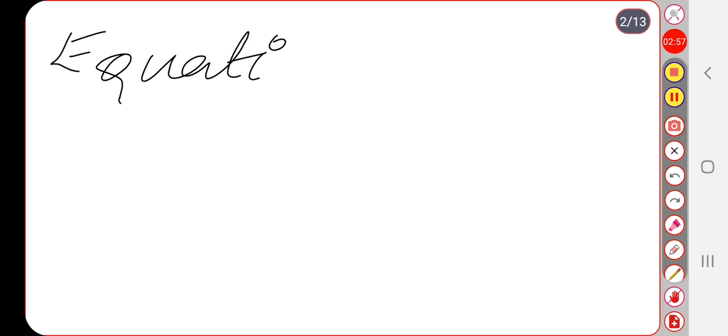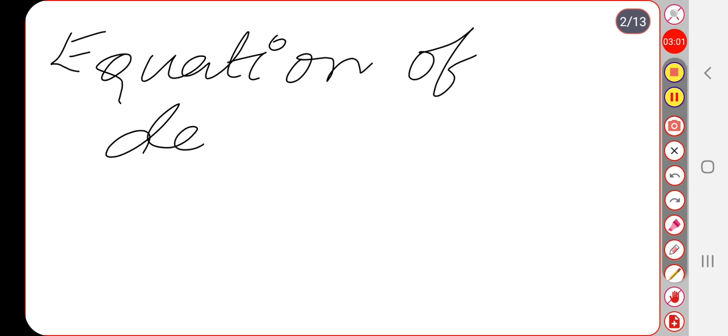Let me write it again: equation of degree 2. Okay, hope my handwriting is legible for all.